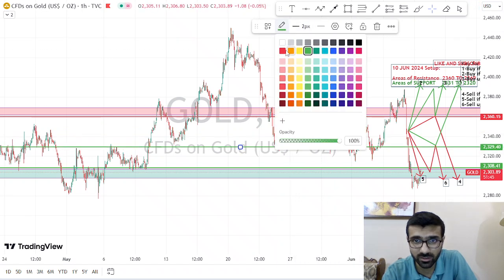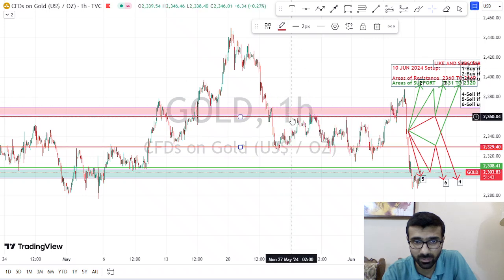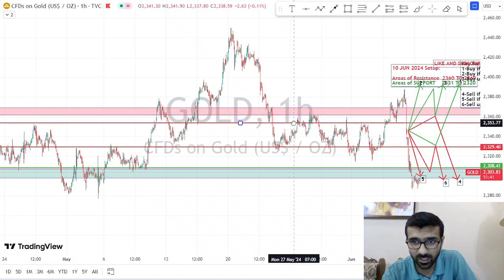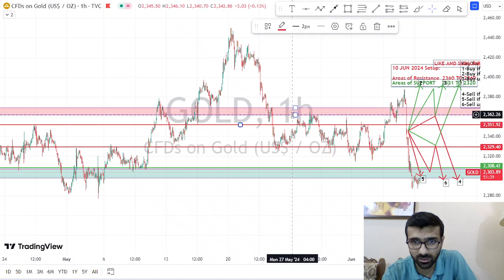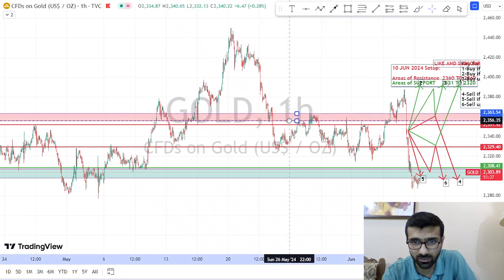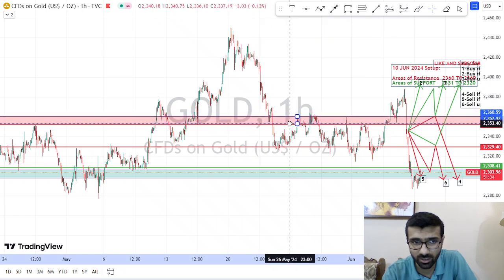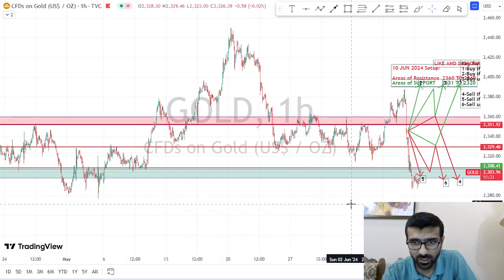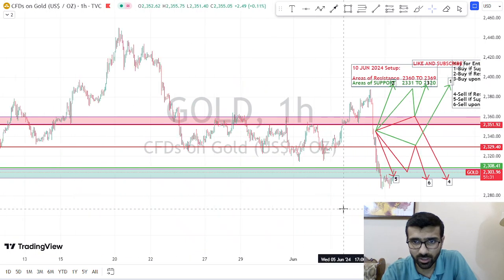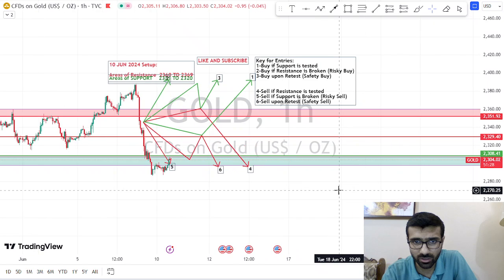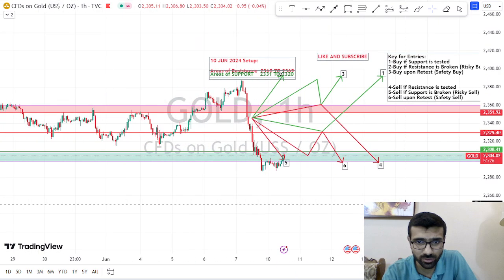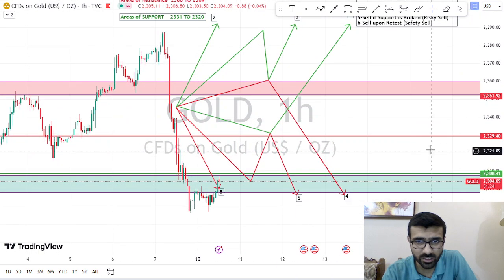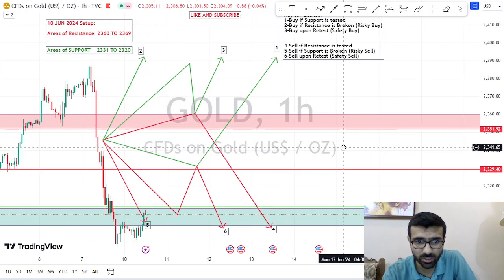Okay, so this area will act as an area of short-term resistance, and this area will now also act as an area of short-term resistance. Now I will write down the new areas of resistance and support so you can easily trade this gold tomorrow as well.